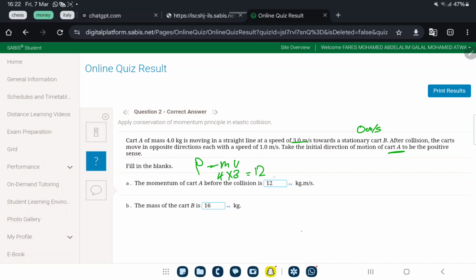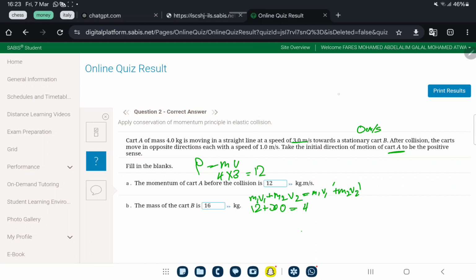And then they want the mass of cart B. So m1 v1 plus m2 v2 equals m1 v1 prime plus m2 v2 prime. m1 v1 we already got, 12, plus m2 v2, m is x, v2 is 0, stationary. m1 v1 prime, m1 is 4.